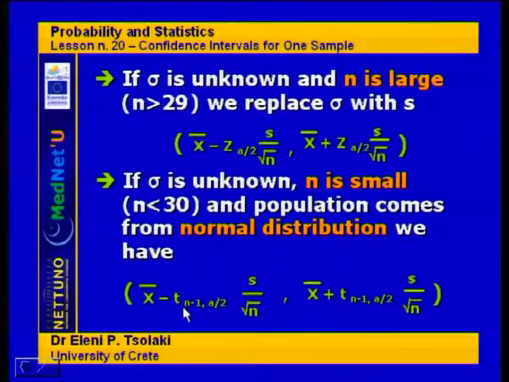But what we have to know is that when we want to find a value in the statistical tables, we have to specify what degrees of freedom we are looking for. So when we construct a confidence interval for the mean in this case, we are looking for degrees of freedom n minus 1, where n is the number of data we have.